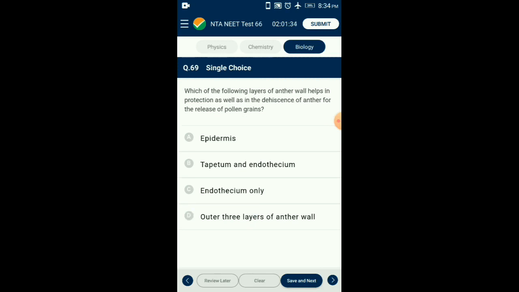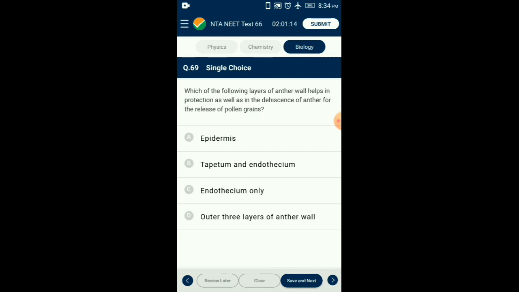Question number 69. Which of the following layers of anther wall helps in protection as well as in the dehiscence of anther for the release of pollen grains? In a transverse section of anther, a typical microsporangium appears near circular in outline.